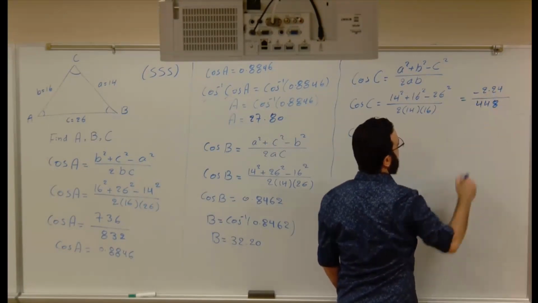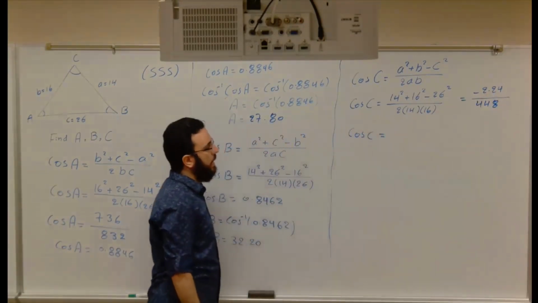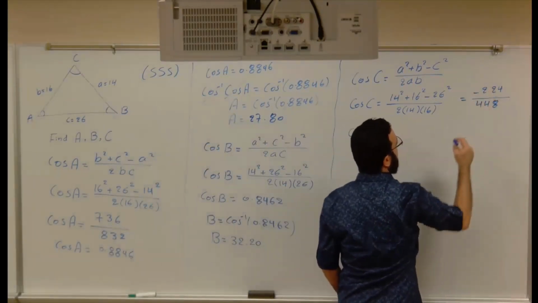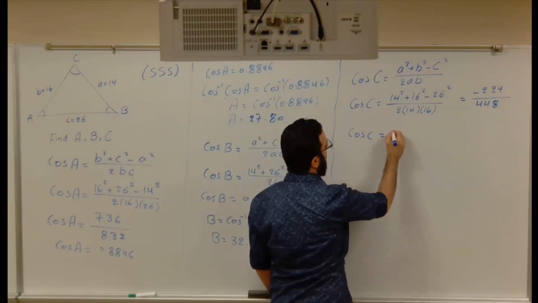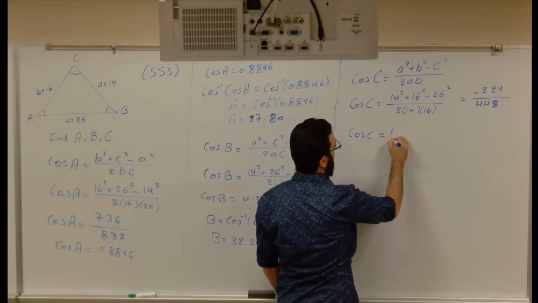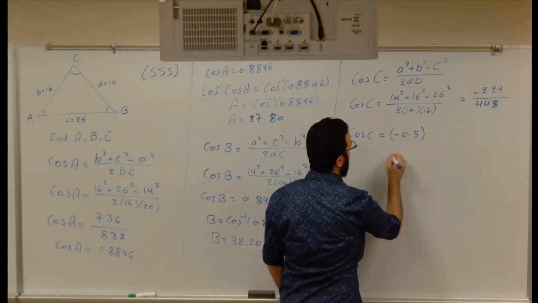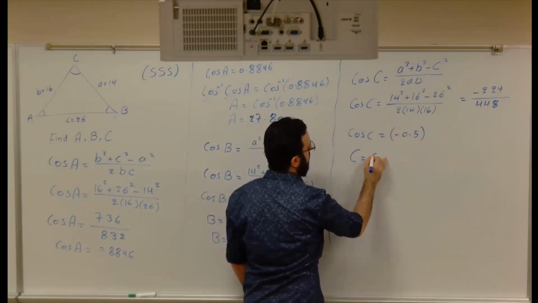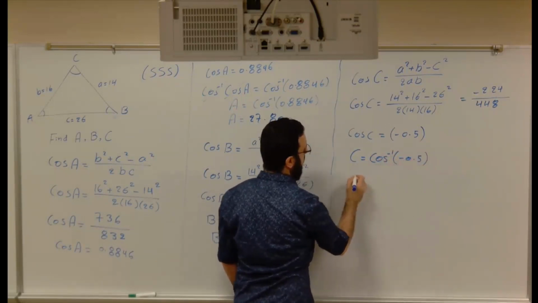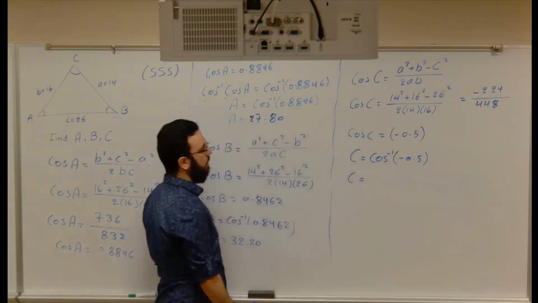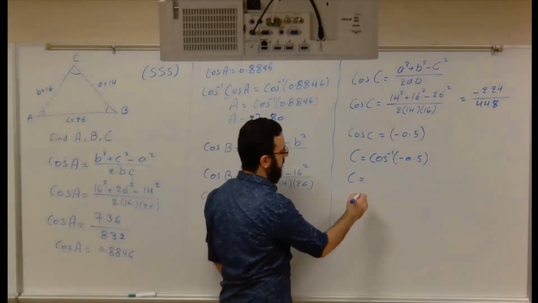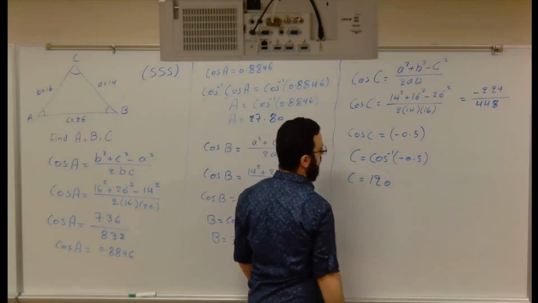So if you divide it, how much is it going to be? Negative 0.5. Maybe negative half. Yes. So C is going to be cosine inverse to negative 0.5. So how much is going to be C? 120. That's it.